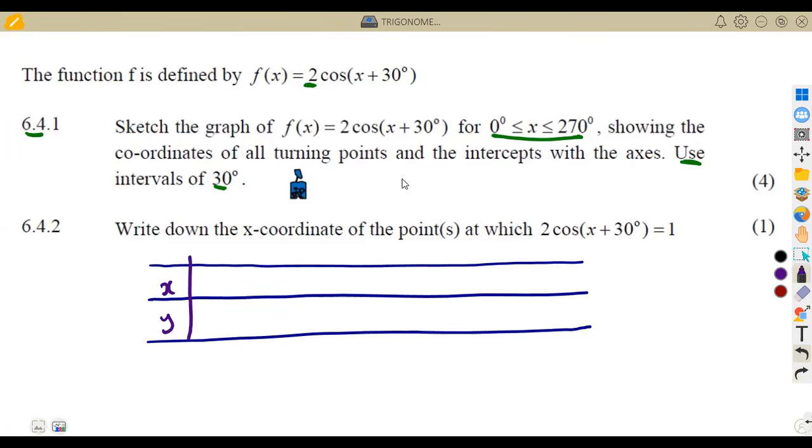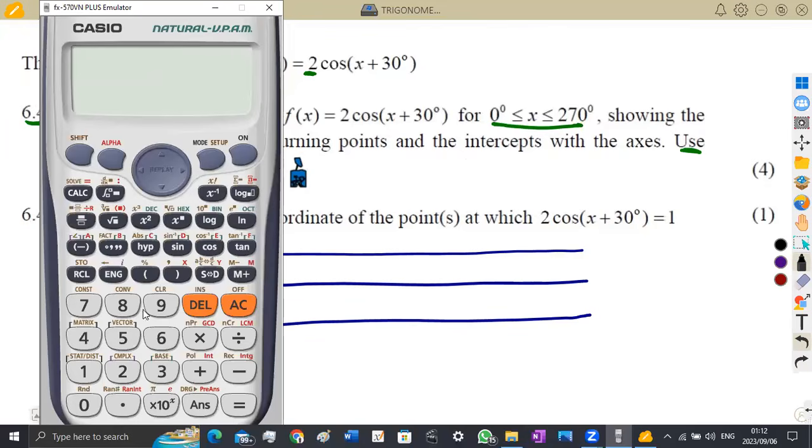So as we are told that the interval that you're supposed to use is 30 degrees, it means if the first point is 0 degrees, you are going to add 30, 0 plus 30, which is 30. You add 30 plus 30 and so on. So this one, you can just do it on your calculator. The first point is 0, second point is 30. So the following one, you add 30 because you are separating by 30 degrees, you get 60. The following one, you add 30 up to when you reach 270.